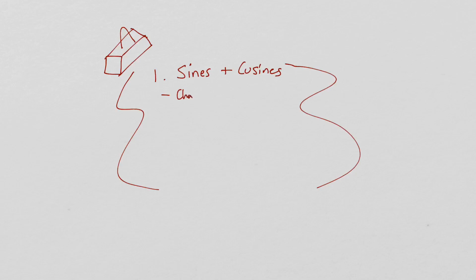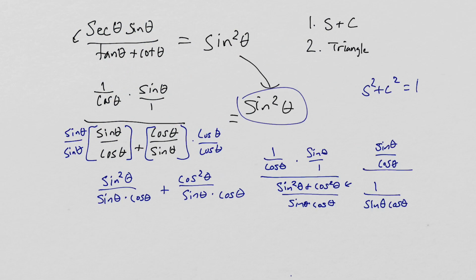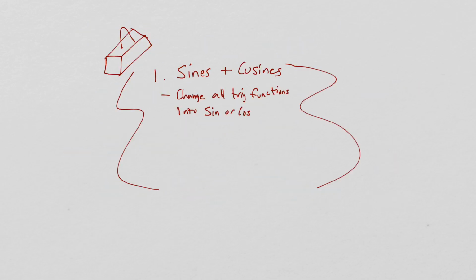So we're going to change all trig functions into sine or cosine. And that's the gist of it. And from there you can do some algebra like we saw in this last problem and cancel some things out and move some things around.